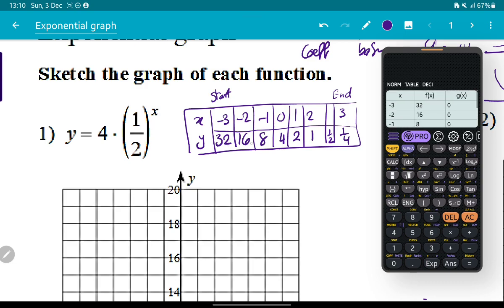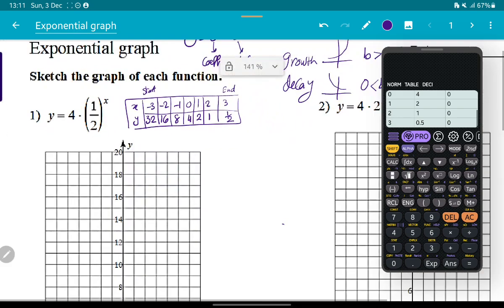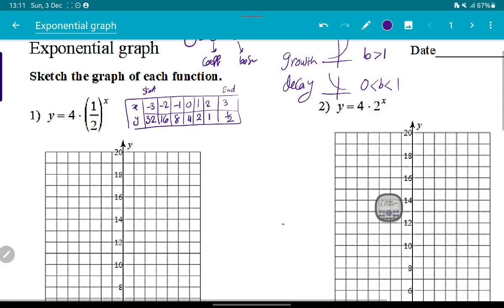Okay, 32, 16, 8, 4, 2, 1, one over 2. Now we have some values to graph.